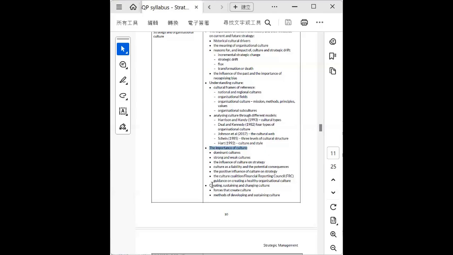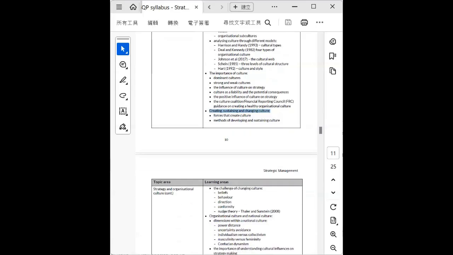The next section will be on creating, sustaining, and changing culture. For this part, we look at how to build or shift the culture intentionally so as to support transformation and long-term success. So, changing the culture.